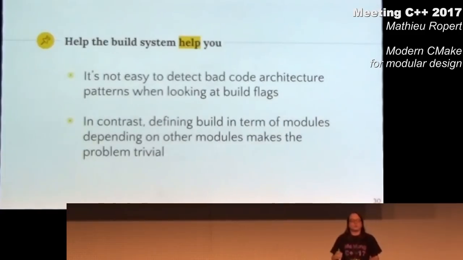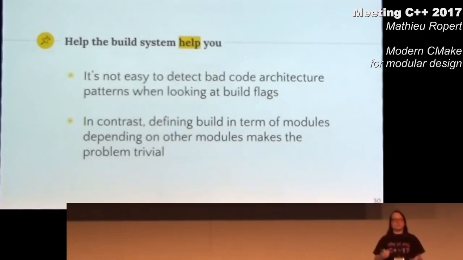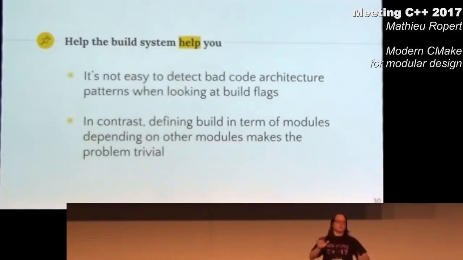It's trivial. If you have to parse the flags, or even worse, if you have to parse the files, it's never going to end. And you will not be able to reason at compile time about something that your compiler or your build system could have warned you about, saying, whoa, whoa, what are you doing here? I will not compile this.